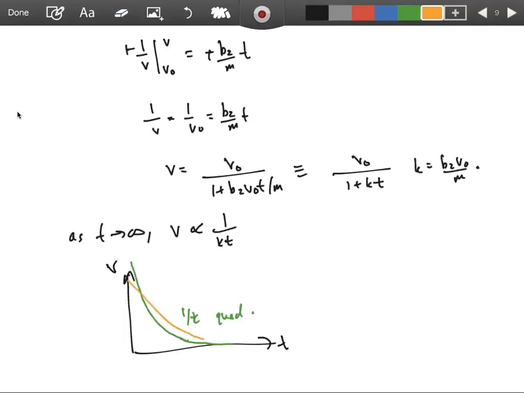This is the linear case, so this is e to the negative t. So indeed, what ends up happening is that my velocity in the quadratic case actually decreases faster, because a 1 over t is much faster than that of the quadratic case.